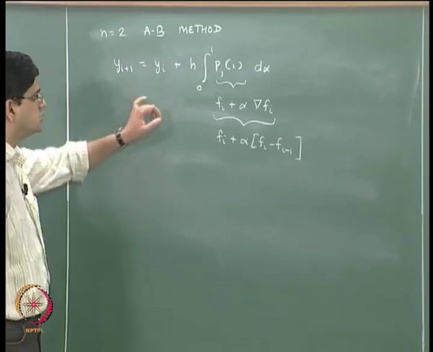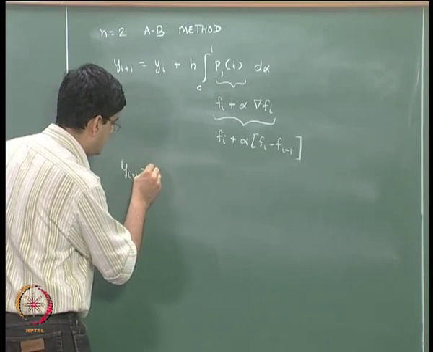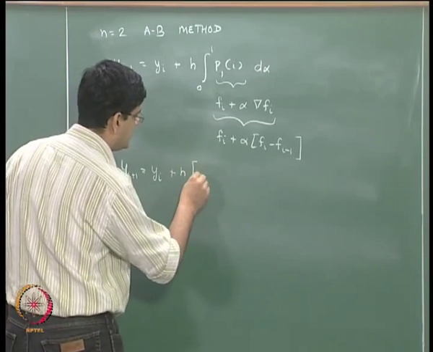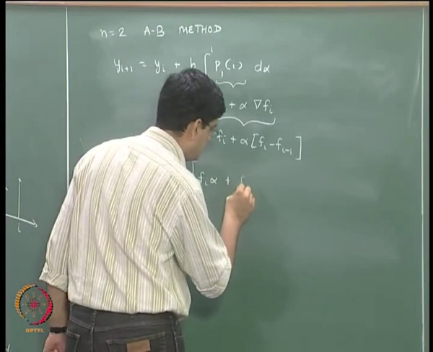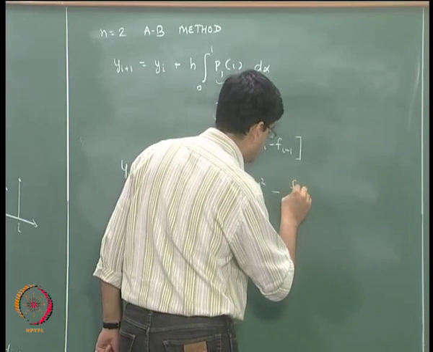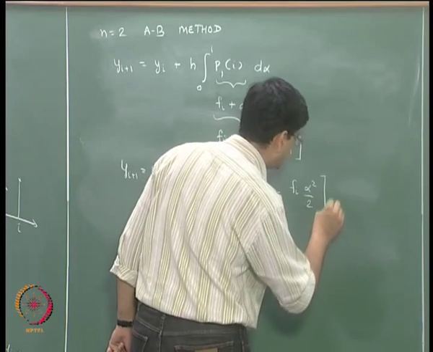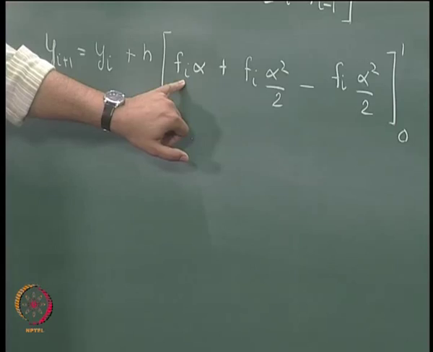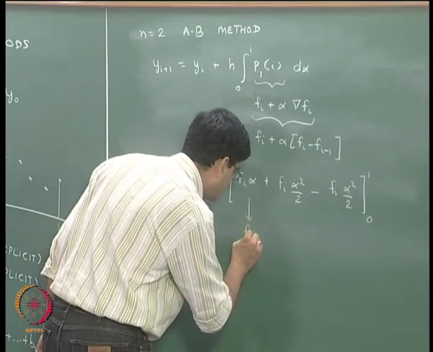Okay. So, we substitute this over here and integrate, we will get yi plus 1 equal to yi plus h multiplied by Fi alpha plus Fi multiplied by alpha square by 2 minus Fi minus 1 multiplied by alpha square by 2, going from 0 to 1, okay. So, this will reduce to Fi multiplied by 1 minus 0, which is going to be Fi.